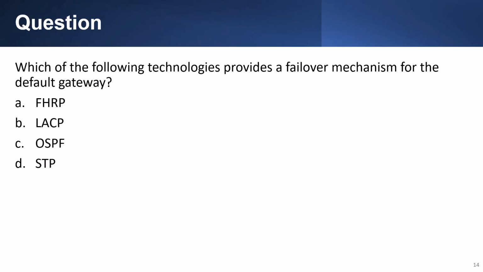Question. Which of the following technologies provide a failover mechanism for the default gateway? Answer: FHRP.